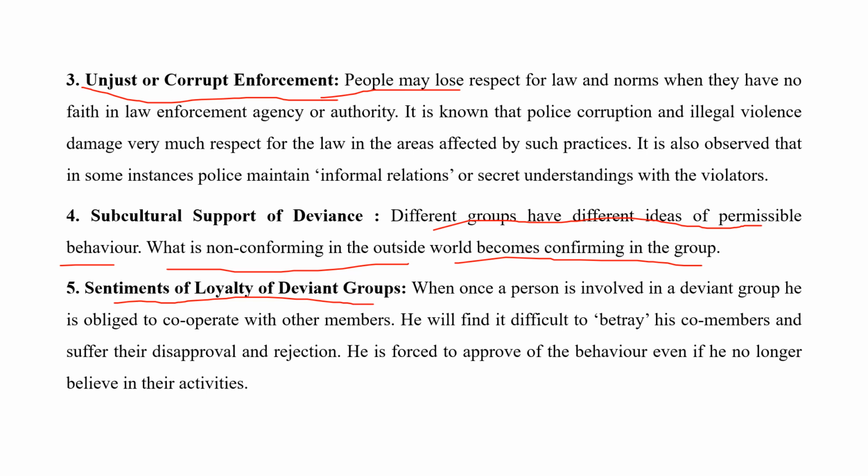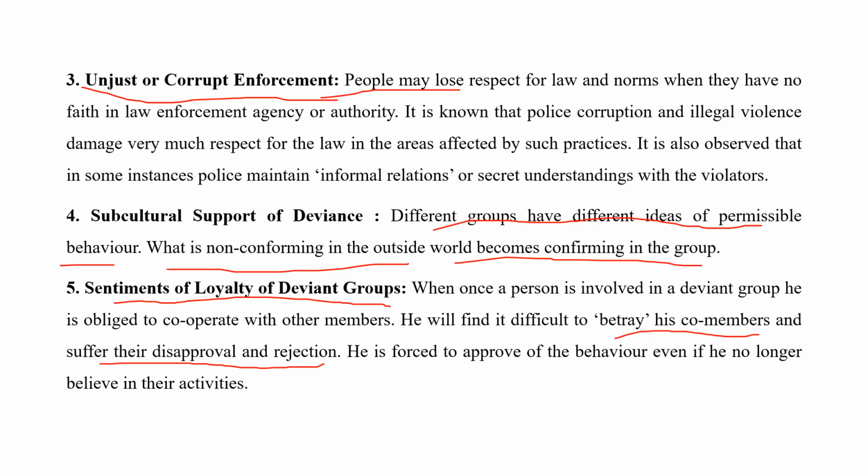Sentiments of loyalty of the deviant group. So when someone is doing a deviant behavior, and you're a part of that group, then it is very difficult to betray the co-members of that group, and they suffer the disapproval and the rejection, right? For example, you're a friend to someone who wants to have a girlfriend and wants to marry that girlfriend, but this girlfriend is from a different group.